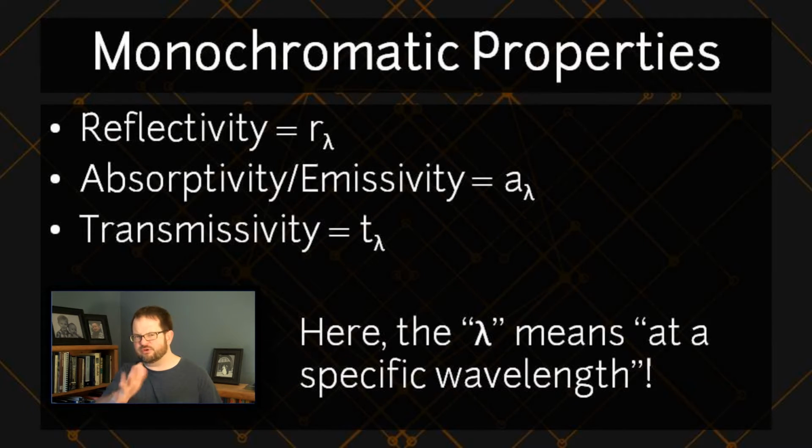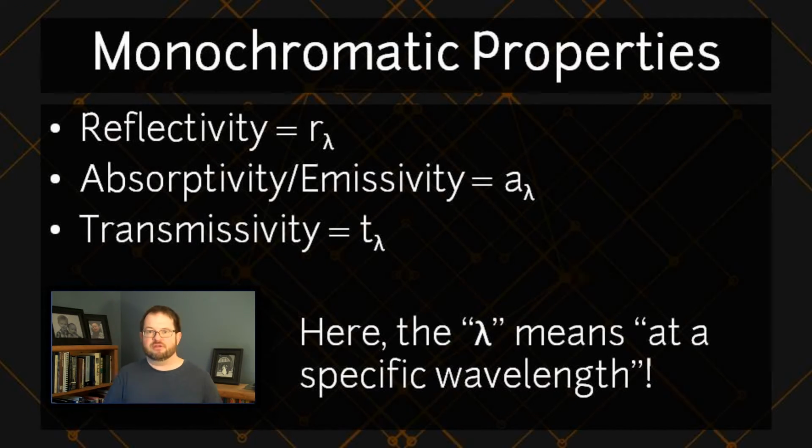Reflectivity is not so much an issue with that, but they're going to be very good at absorbing and emitting radiation at some wavelengths, and very poor at absorbing or emitting radiation at certain wavelengths. Their absorptivity will very strongly depend on what wavelength of radiation we're talking about.